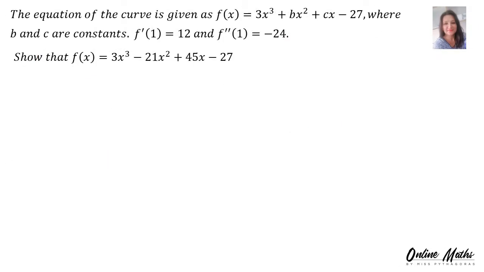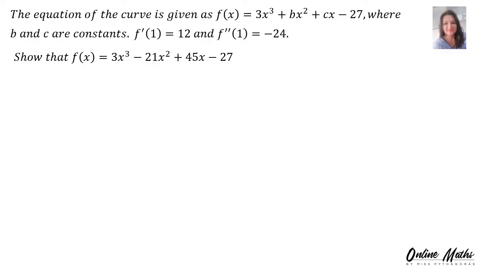Now let's look at this example. The equation of the curve is given as f of x is 3x cubed plus bx squared plus cx minus 27, where b and c are constants. The derivative f prime of 1 is equal to 12, and the second derivative f double prime of 1 equals negative 24.